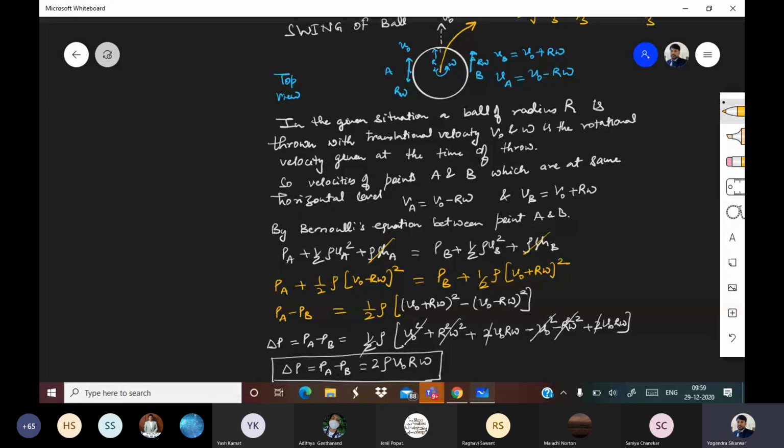I told you yesterday that planes are lifted using this process, and that effect is called the Magnus effect. Understood, everyone? So the swing is created due to this feature.